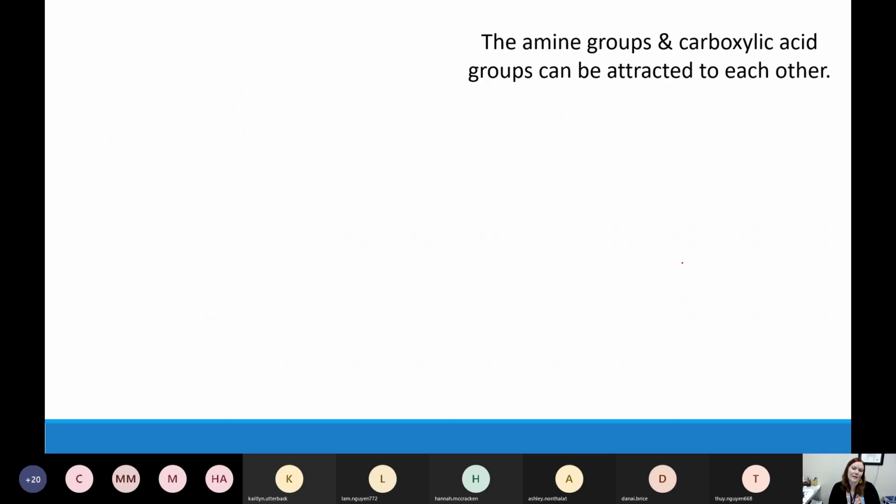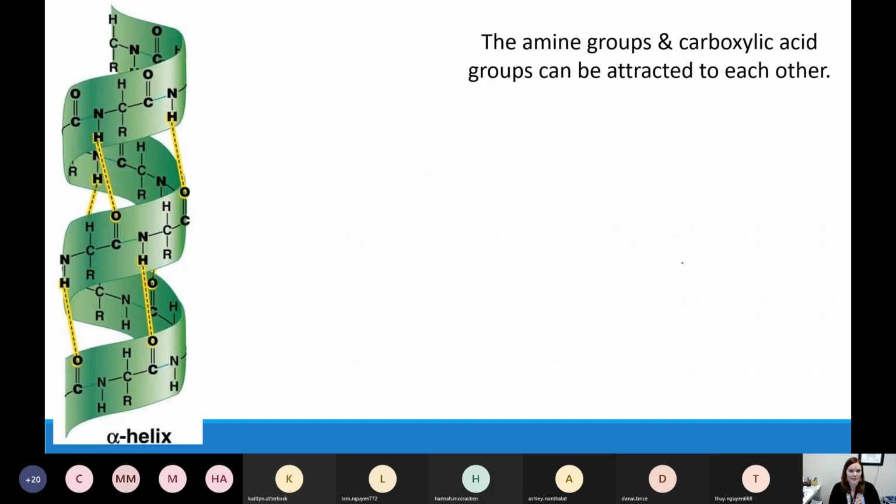When we put those amino acids in a line, sometimes their amine groups and their acid groups get attracted to each other. The reason they get attracted to each other is because we have dipoles when I form the bond right here between a nitrogen and a hydrogen, or between a carbon and an oxygen.